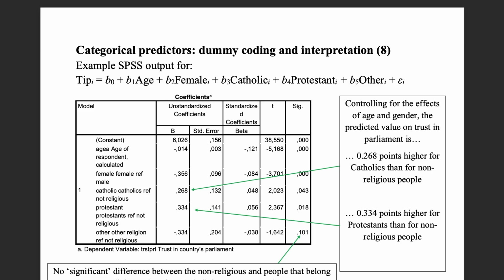But you also see that for that category, you find a quite high p-value. So in that case, you would probably not want to reject the null hypothesis that the coefficient B5 is 0 in the population. In other words, we find no significant difference between the non-religious people and the people that belong to religions other than Catholicism or Protestantism, so the other religious denominations.